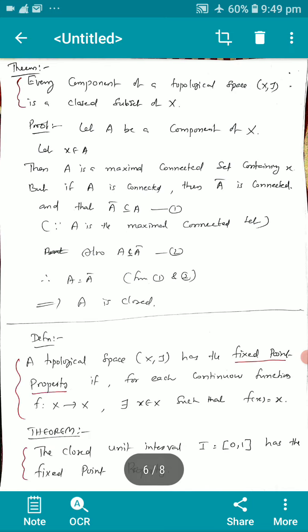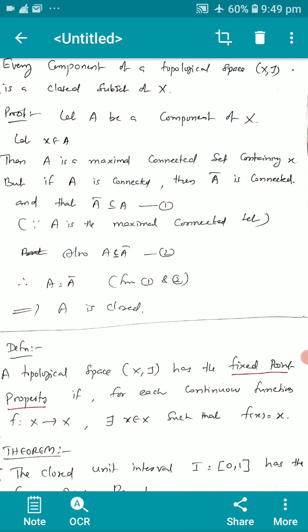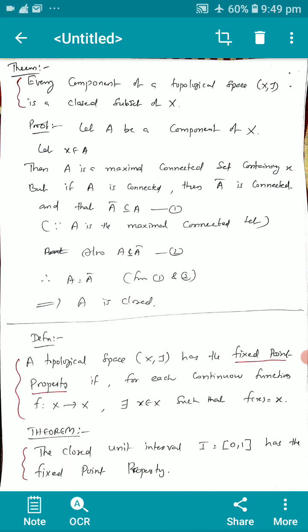Theorem: every component of a topological space X is a closed subset of X. We'll prove it. Let A be a component of X. Let us prove that A is closed. Let x be an element of A. Then A is a maximal connected set containing x.